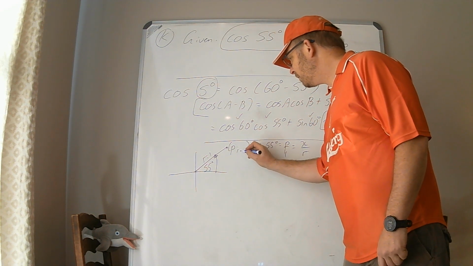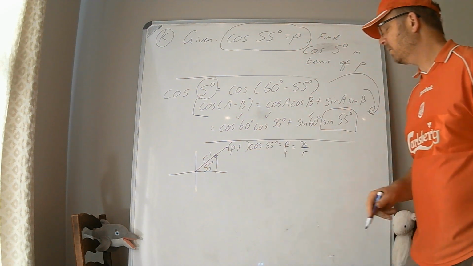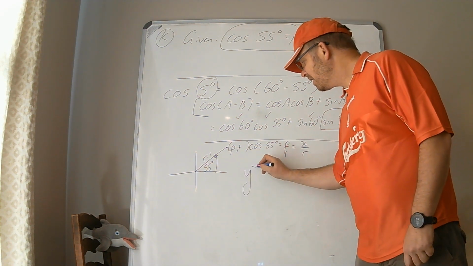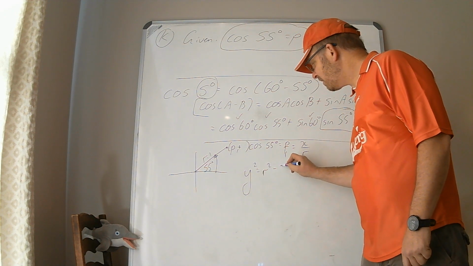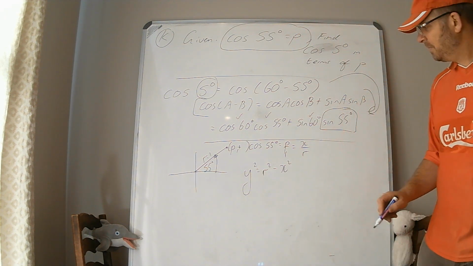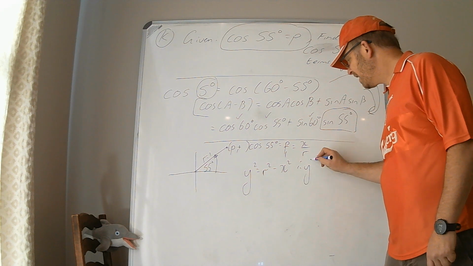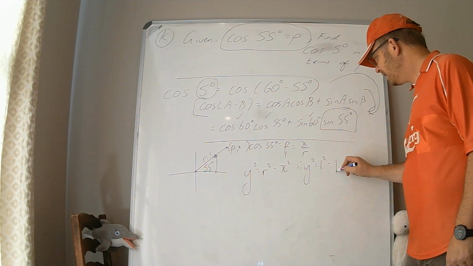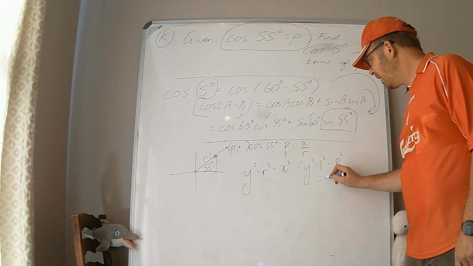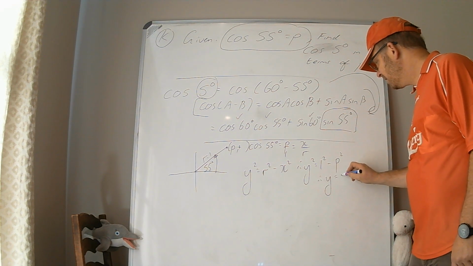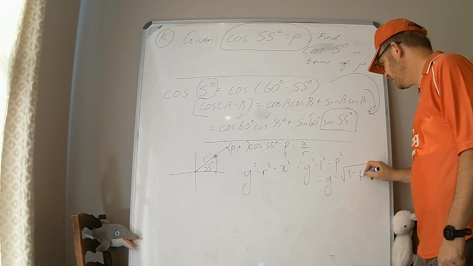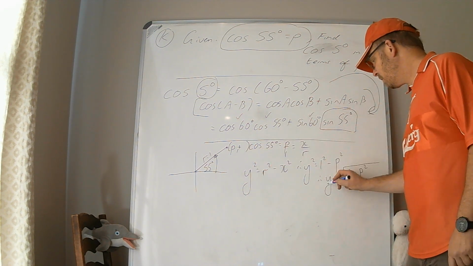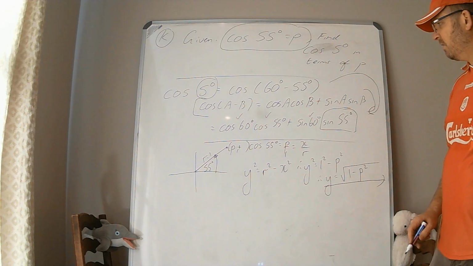So we need to go find the y coordinate, and we can see the y coordinate is going to be positive. Okay, and we're going to say y squared, yes, that's right, Valerie, is r squared minus x squared. So therefore y squared is equal to 1 squared minus p squared. So y is equal to plus minus root 1 minus p squared, but I don't really have to worry about the negative in this case because I can see the y coordinate is positive from the diagram.